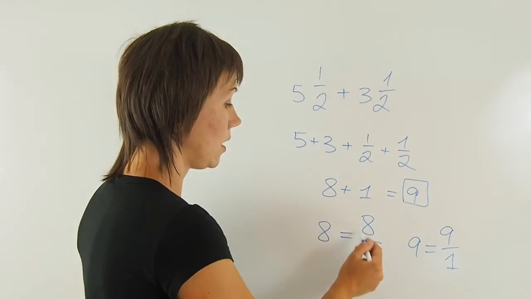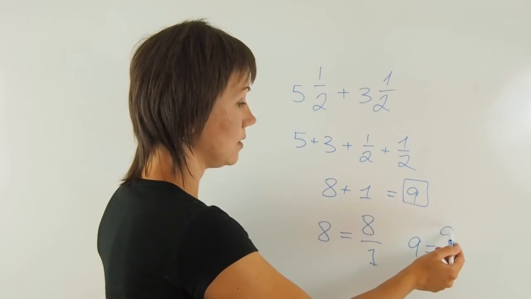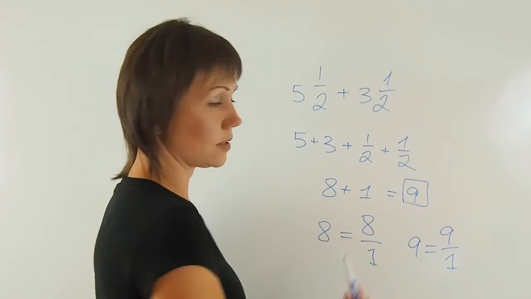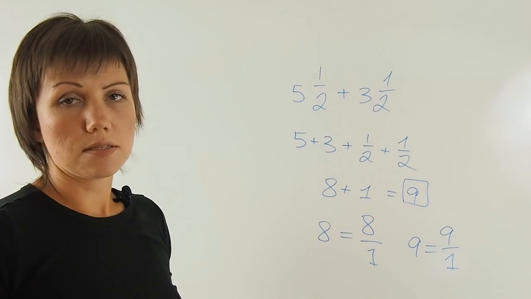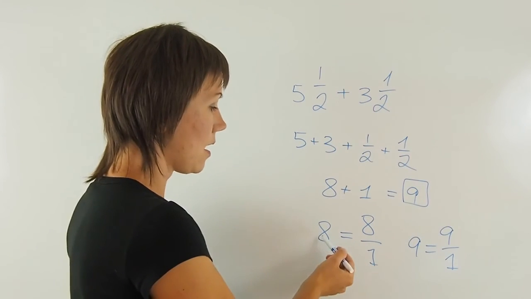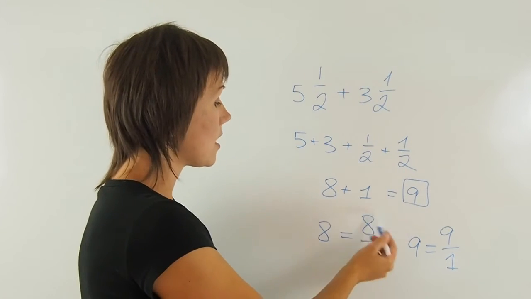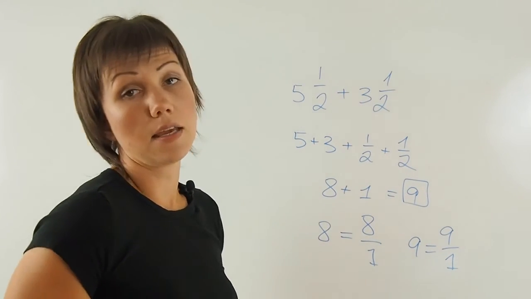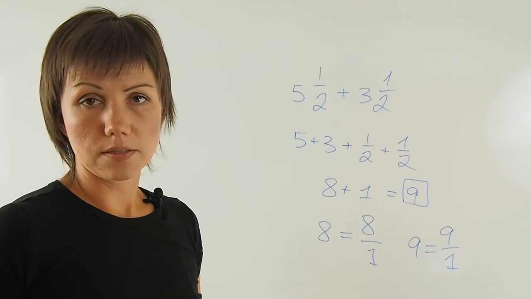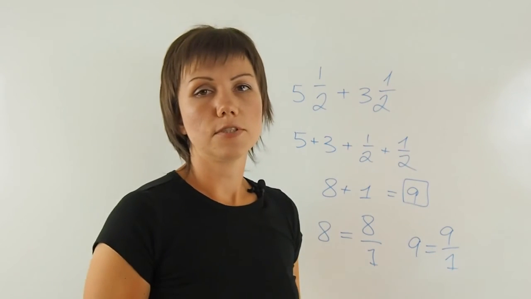And if you divide 8 by 1, you'll get 8. And if you divide 9 by 1, you'll get 9. That's why we simply never write it. But essentially, this is what it means: 8, the natural number, as a fraction is 8 over 1, and 9 over 1, and any other number over 1.